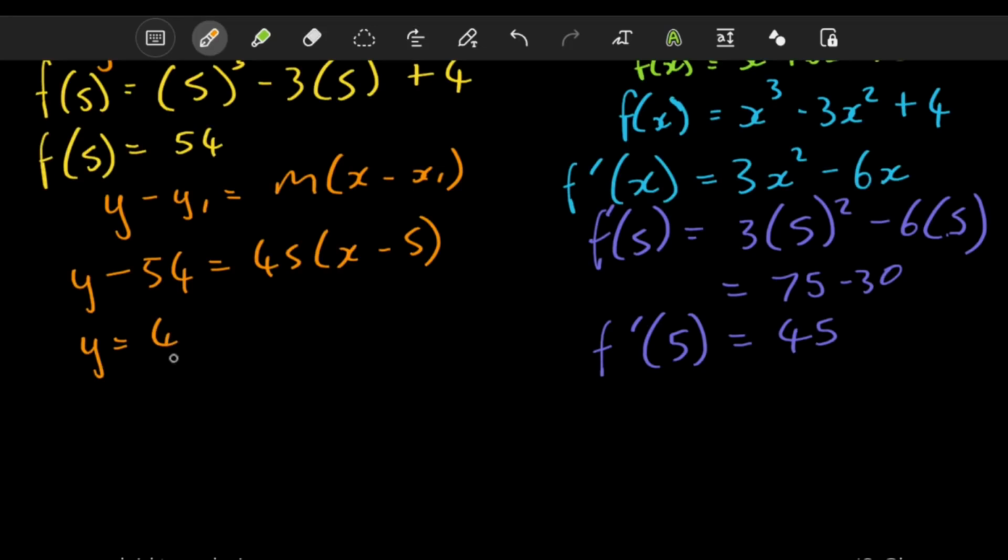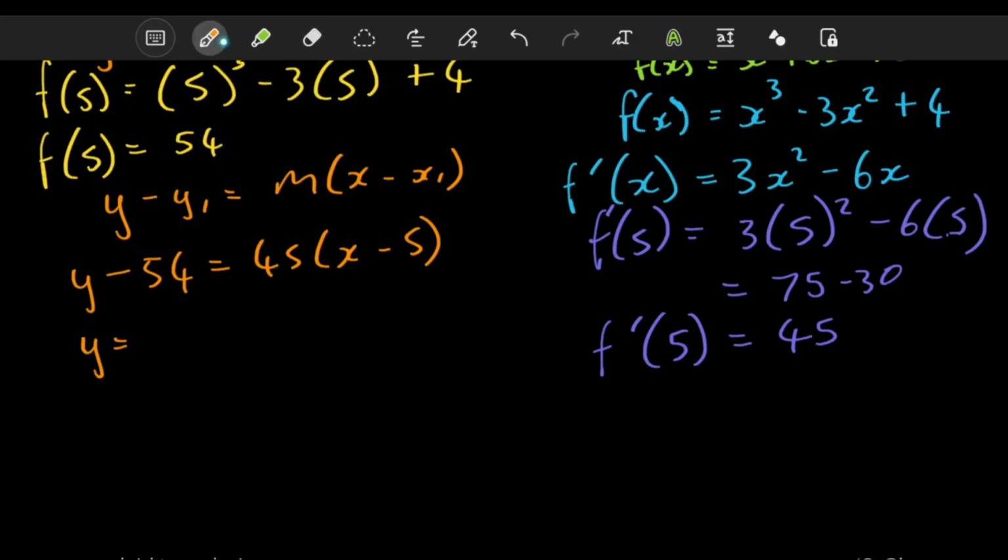Simplifying, we're going to have 45x minus, what am I doing? What is 45 times 5? 45 times 5 is 225.